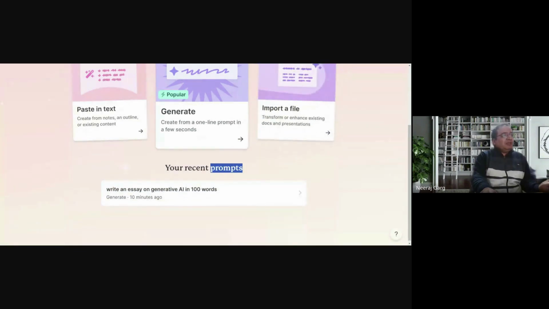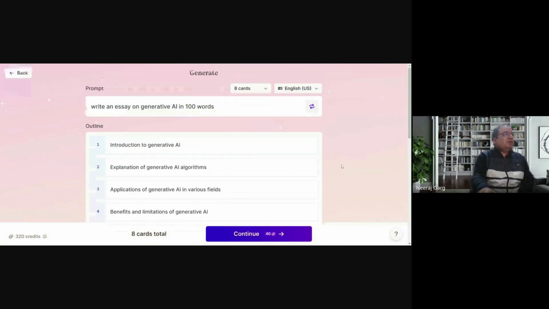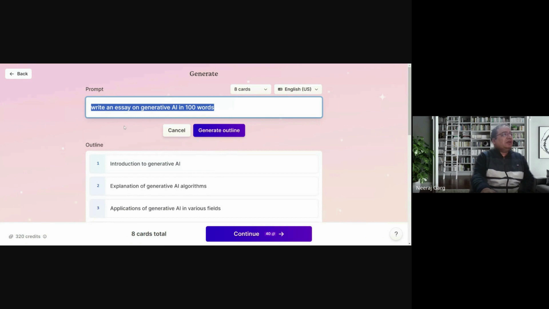Basically, this is the prompt, this is our ask, which we tell the computer or API. We are telling this application to generate a Word document or whatever. Let us see what my recent prompts are. Write an essay on generative AI in 100 words.